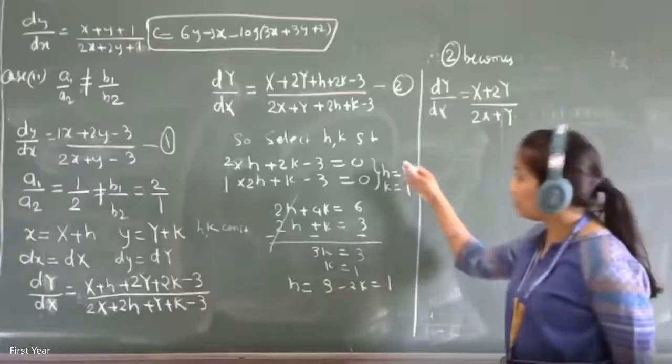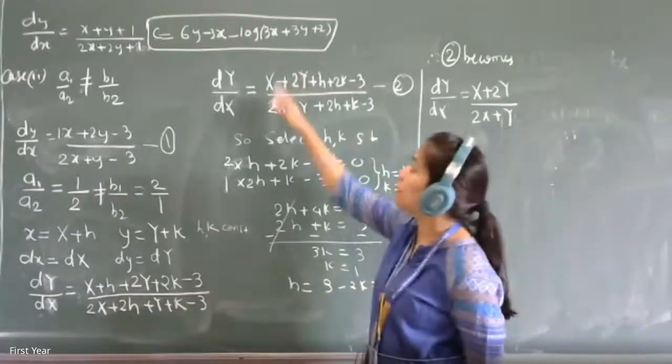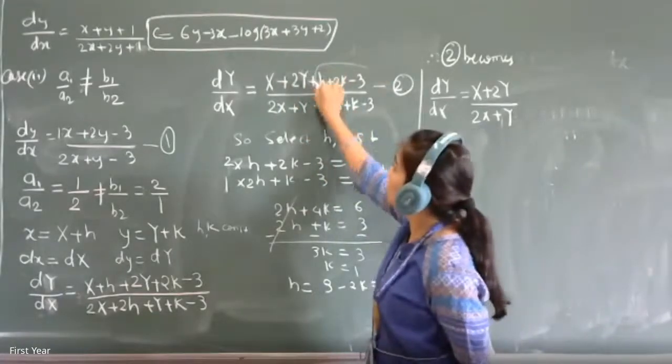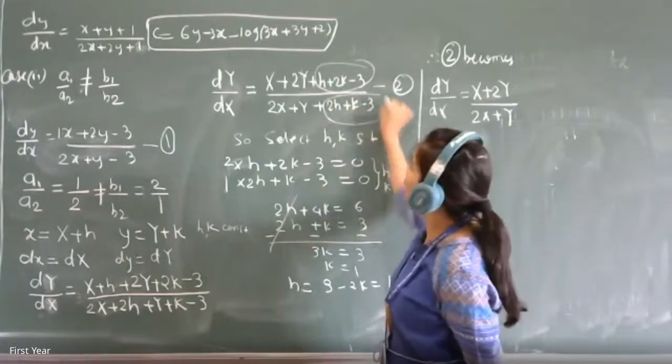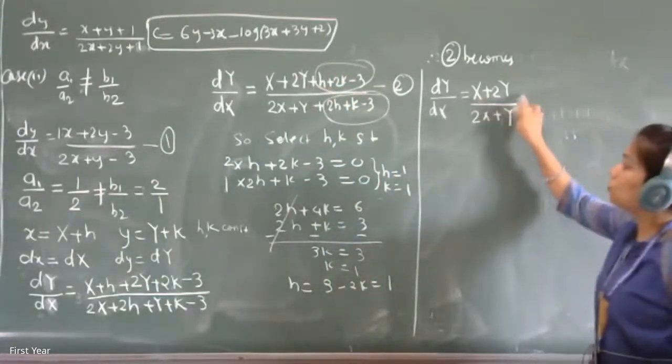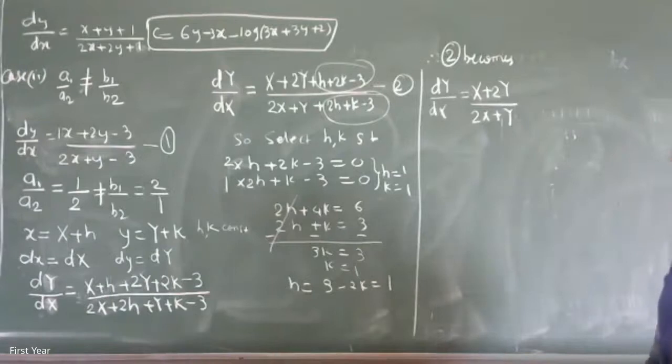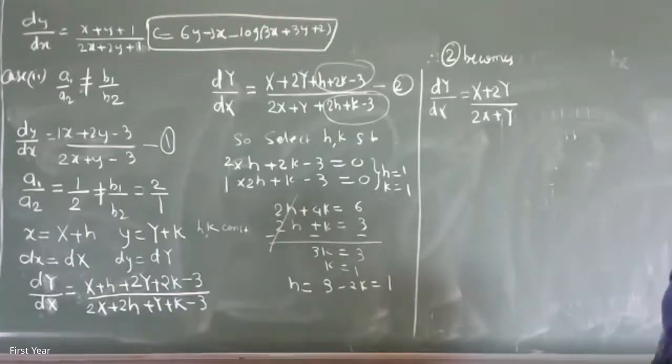For these values of h and k, we get this expression; this term became 0 and this term also became 0. So what is left? X plus 2y upon 2x plus y. Okay? Now this is a homogeneous differential equation. So once it is homogeneous, what do you do?